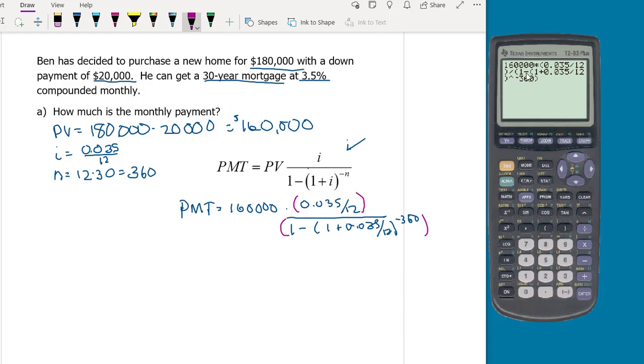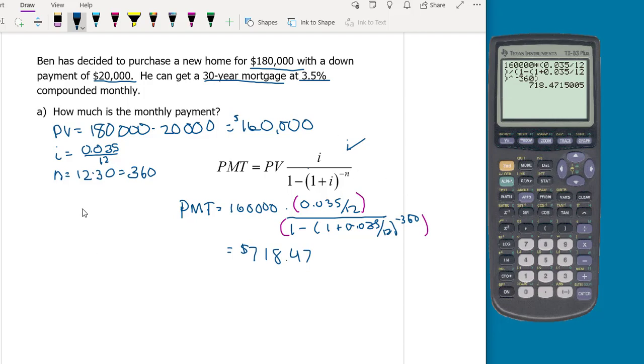So let's just double check. It's really easy to enter the interest rate wrong, or you think you press a decimal point and you don't, or one of the characters doesn't really register. It looks good, and we get our payment here is $718.47 if we round to the nearest cent.